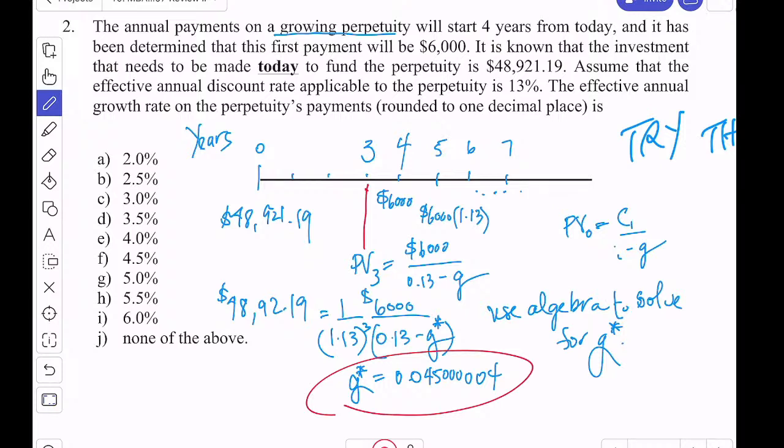Someone just wrote me, Samuel wrote, "Teacher, I thought you would use the formula having I, G, and T." This is a perpetuity, so there's no T. So it goes forever.